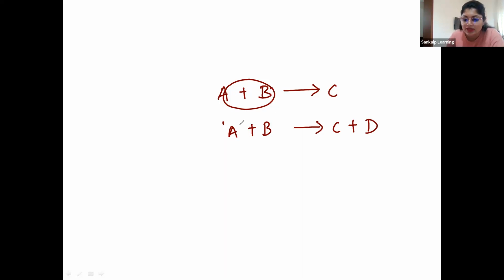Now the substances that take part in the chemical reaction, reacting with each other, are called reactants. As these two substances react with each other, taking part in a chemical reaction, they are called reactants.